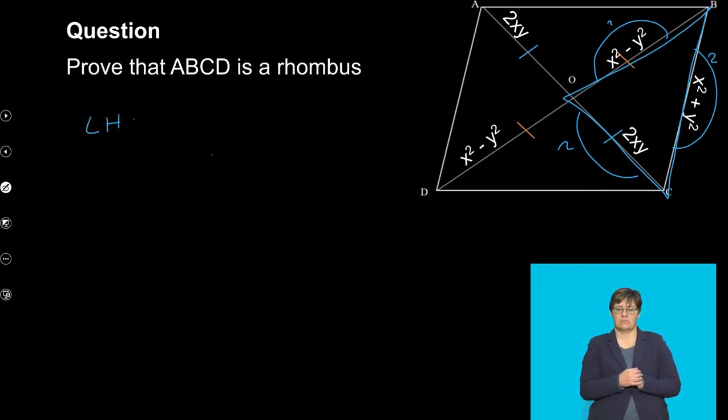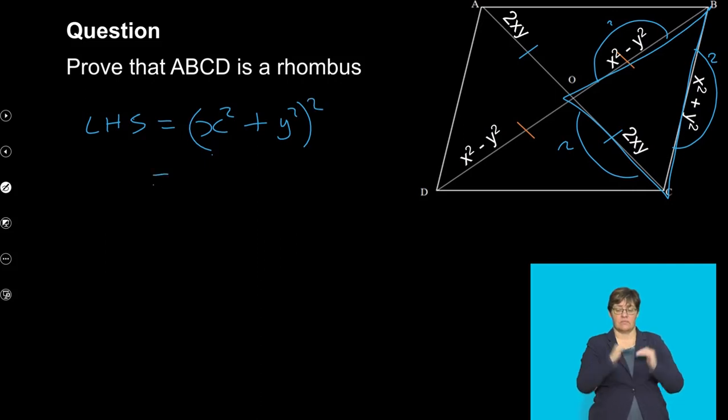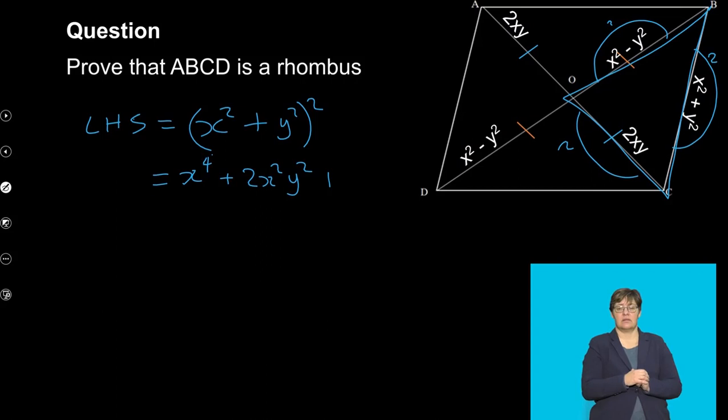Let's take it as the hypotenuse side, x squared plus y squared, right? Now I must square this. So to square this, it will be x to the 4 plus 2x squared y squared, and then plus y to the 4, right? And that's what I will have there.